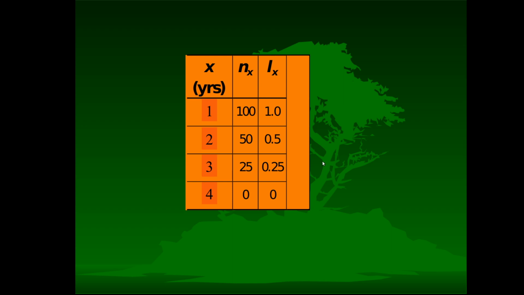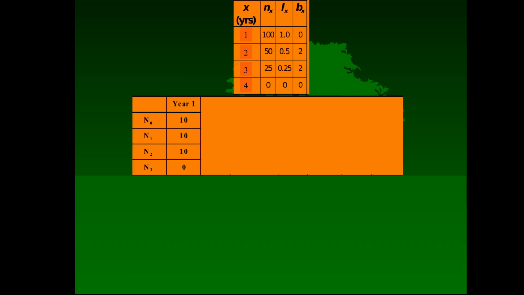And there's the survivorship column. And the fecundity schedule, also very simple. Each individual produces just 2 offspring except for age 1. And the lxbx column, the sum of this is the net reproductive rate. In this case, it's equal to 1.5 per generation.